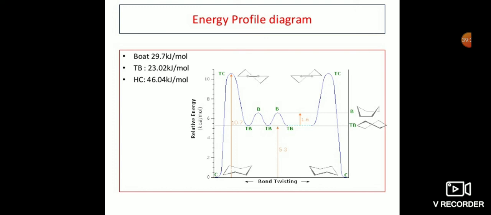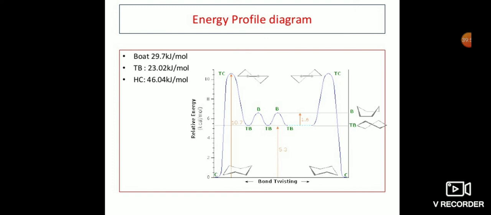Bond twisting. Half chair form, written as TC, has the highest energy. In between you can see boat form has higher energy than twisted boat, and everything is shown by short forms. TB, twisted boat. B, boat.